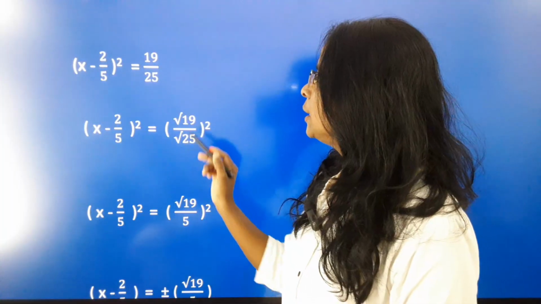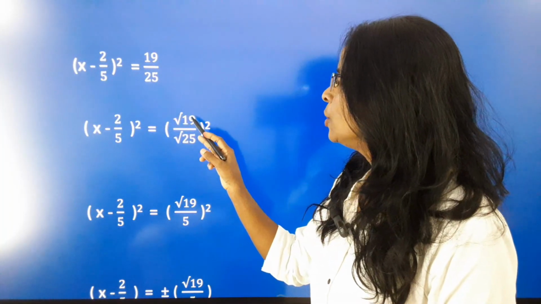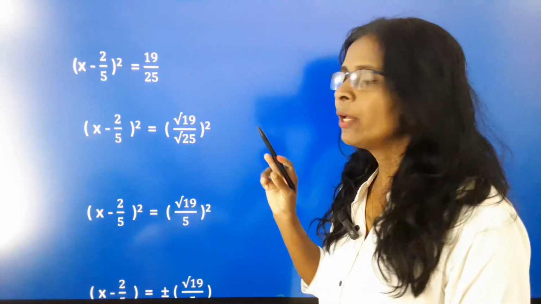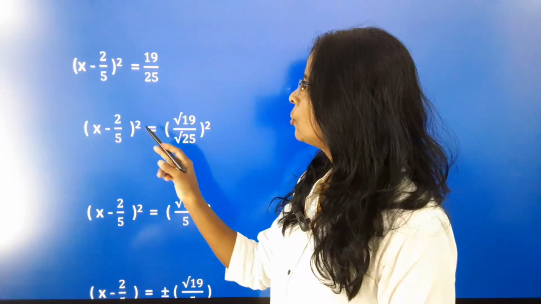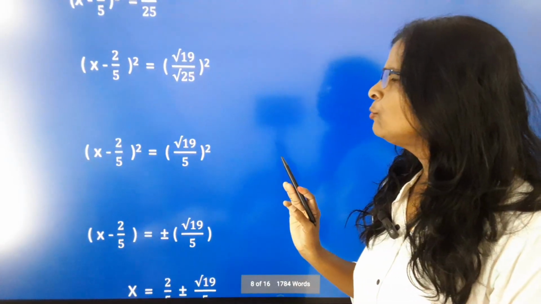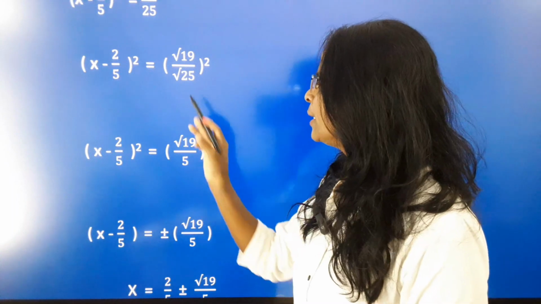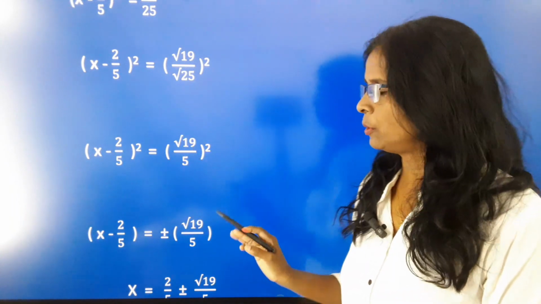Now we convert this 19 upon 25 into the form square root of 19 upon square root of 25, whole bracket square. We also convert root 25 into 5, which is possible here.